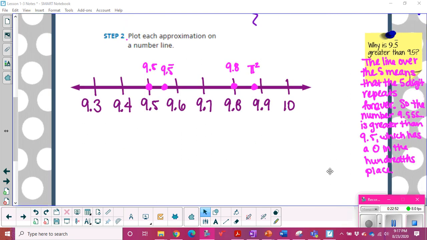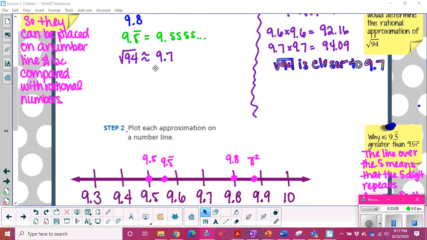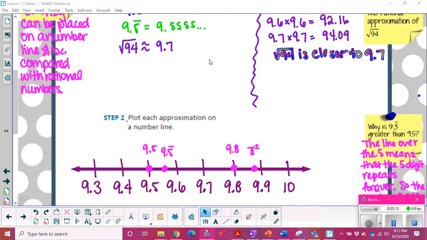Okay, 9.5 repeating, with a bar over it, means that it repeats forever. So the number 9.555 keeps going, and is greater than 9.5 because 9.5 has a 0 in the hundredths place, while 9.5 repeating has a 5. Now we need to plot our approximation of the square root of 94, which was 9.7. So right here, and this is the square root of 94.